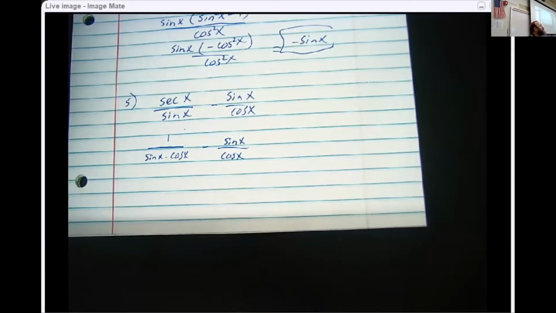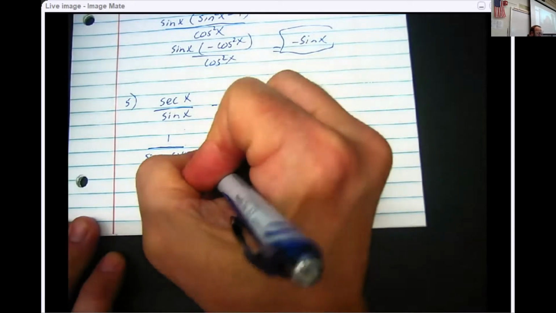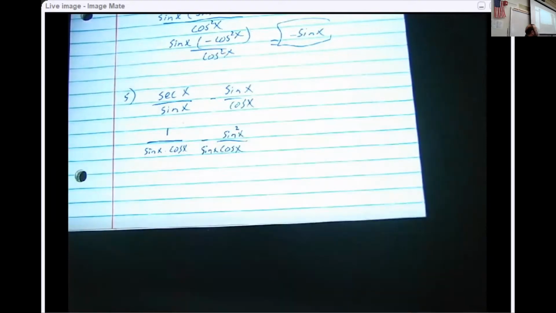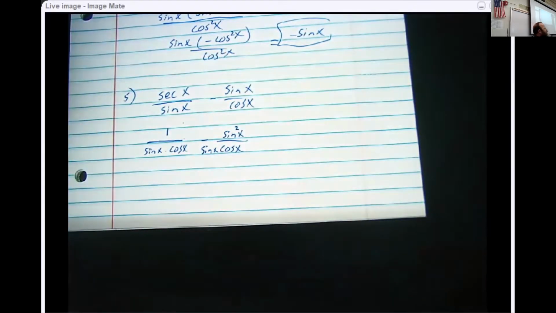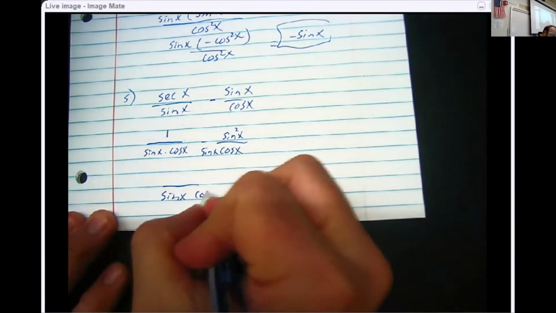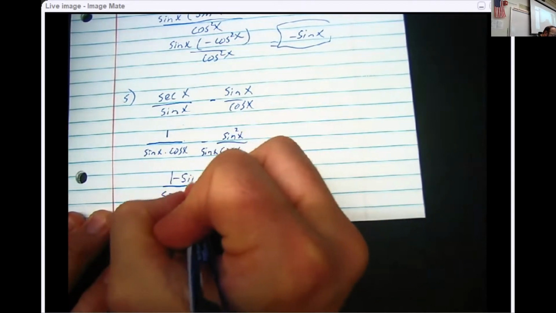So how am I going to give it a sine? I put sine in the bottom, and what do I also need to do to keep it fair? Put sine on top, right? Do I have a common denominator now? Yes, I do. So let's see if you guys can play the game the rest of the way out.